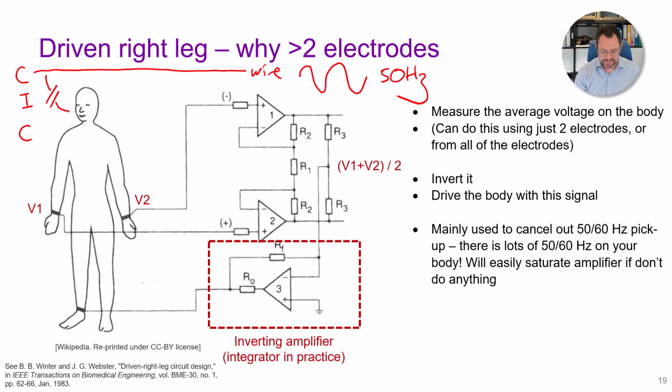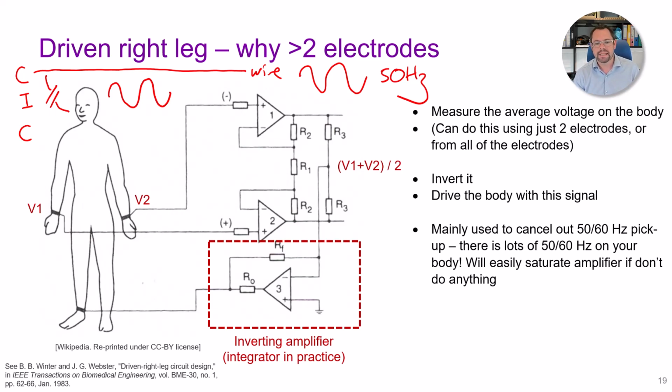What that means is that on your body, there's a big 50 Hertz component. And if all we do is put some electrodes on you and try to record, what we'll generally record is just that 50 Hertz component. It's much bigger than the actual electrical signals that we want to see.